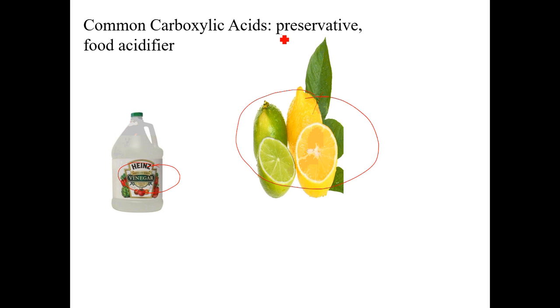So they can be used as preservatives. So to food, quite often they add citric acid. Quite often they also add lactic acid or benzoic acid. And all of these are going to drop the pH, and that helps as a preservative so the food doesn't spoil. And also an acidifier, simply to make the food more acidic itself.